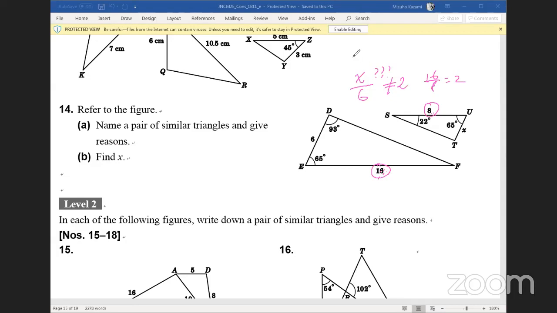Therefore, in this case, I need to find another way to confirm that they are similar. If we look at the diagram again, we have quite a lot of information about the angles. Therefore, we try to find the angles first, one by one. First, look at triangle DEF.